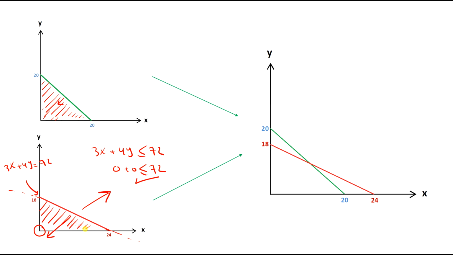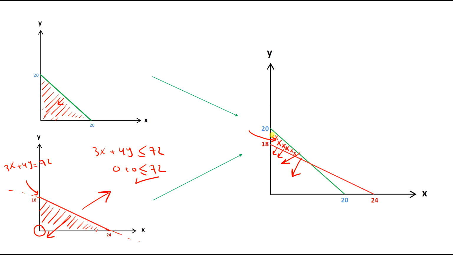Okay. Now, when we combine them together, we will have this part and this part. As you can see, this part here satisfies the green one, but does not satisfy this one, right? Any region downward here or on this side is not a feasible region.